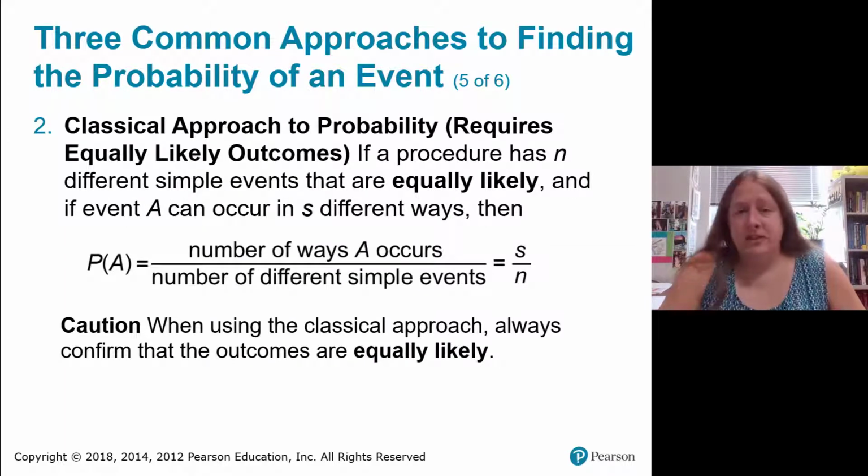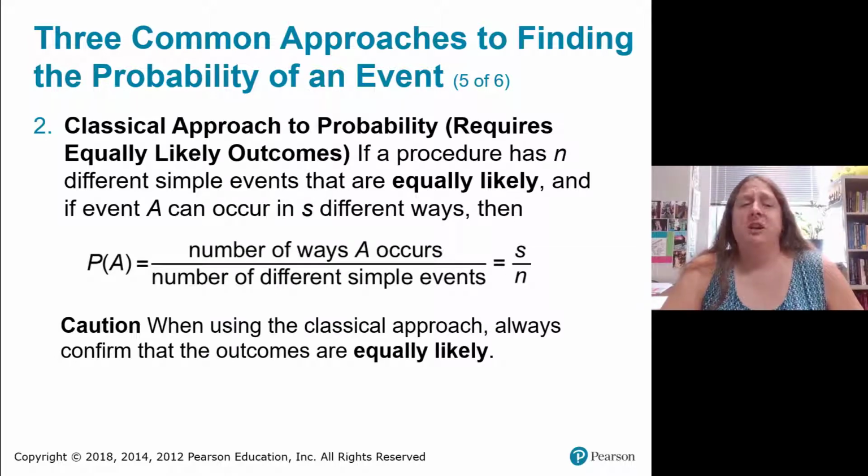So that first approach is sometimes called an experimental approach because we actually go through and conduct the procedure, we do it. The second one is sometimes called the theoretical probability because we don't actually have to do the procedure. We just know things about it in theory. So the classical approach to probability requires equally likely outcomes for all of our possible events.